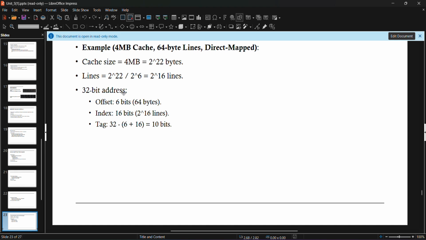So the offset takes 6 bits out for its operation, the index takes 16 bits out for its operation, and then the tag uses the remainder of what is left for its operation. So that's all for caching techniques.